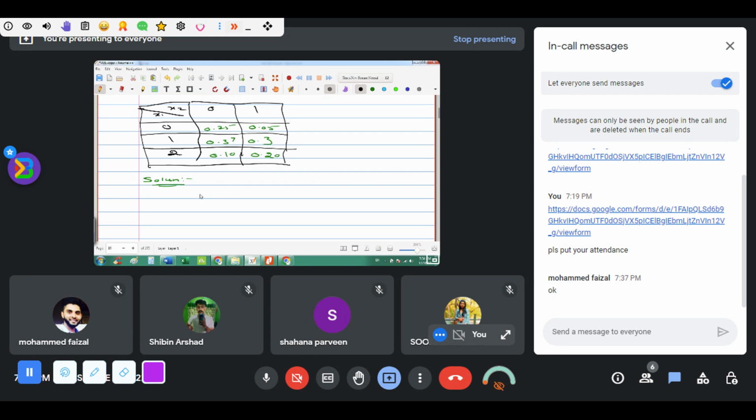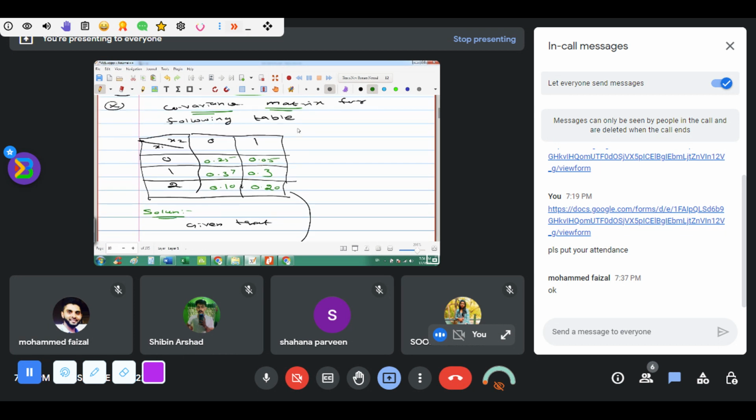What is the format here? Given that, write the same table here, and add one extra column and one extra row. The row-wise variable is called x1, and the column-wise variable is called x2.